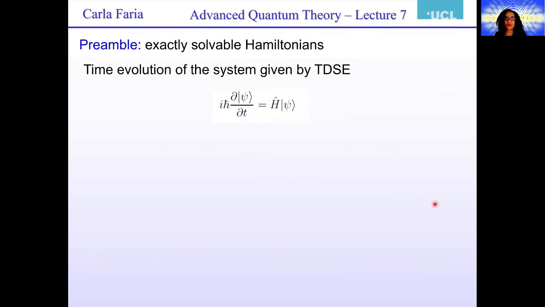So just to start with, normally you have exactly solvable Hamiltonians in case you have them. And we all know that if you want to describe the time evolution of a system, we have to use the time-dependent Schrodinger equation.